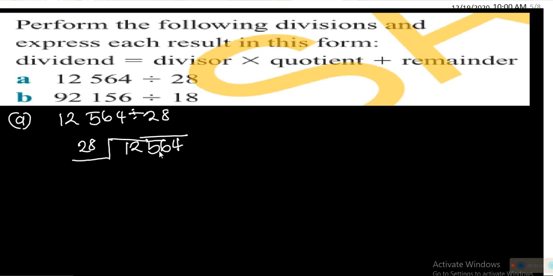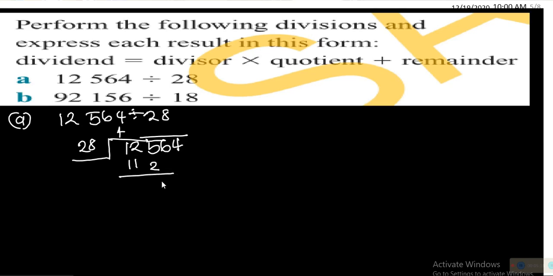If you divide 28 into 125, it should give us, let's say, 3. 28 times 3: 3 times 8 is 24, 3 times 2 is 6 plus 2, we have 84, which is not enough, so let's say 4. 28 times 4: 4 times 8 is 32, 4 times 2 is 8, 8 plus 3 becomes 11.